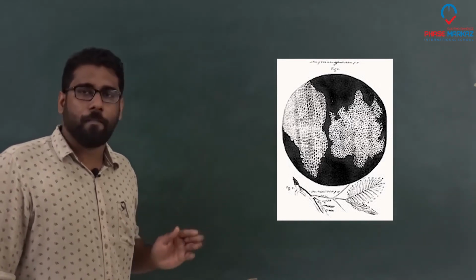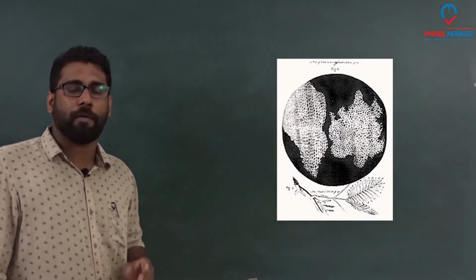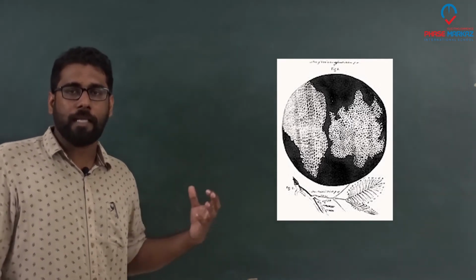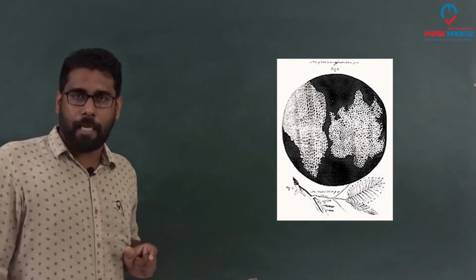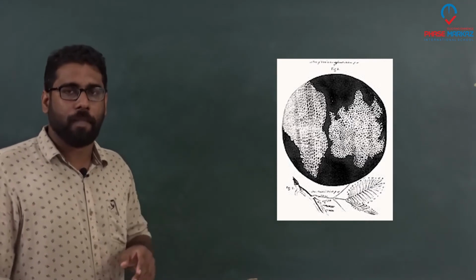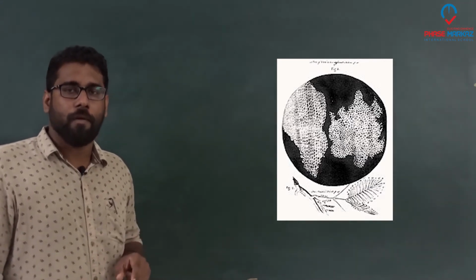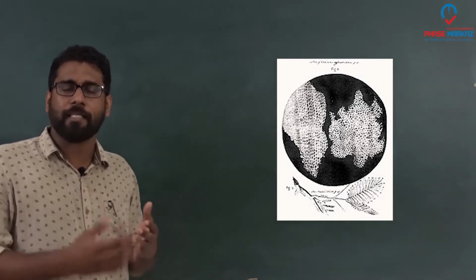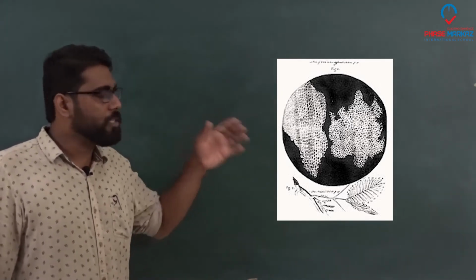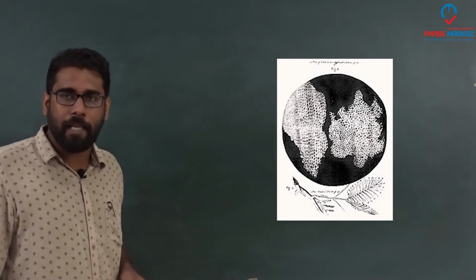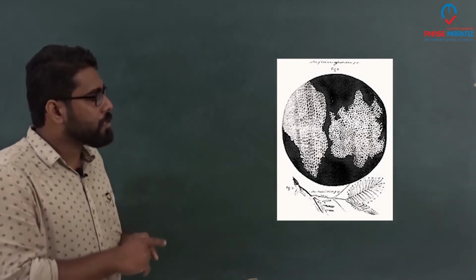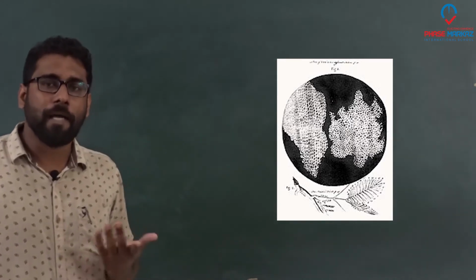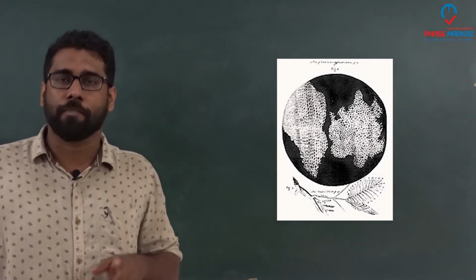These are the dead cells of a plant, because plants have a rigid cell wall. Once the cell is dead, the cell wall itself is retained. Cell wall never degrades, because the cell wall is made up of calcium pectate and cellulose, a rigid material, more like cement. The rigid cell wall is always retained in the plant. So he coined the terminology cell, and he got the credit as the first person to observe a dead cell.